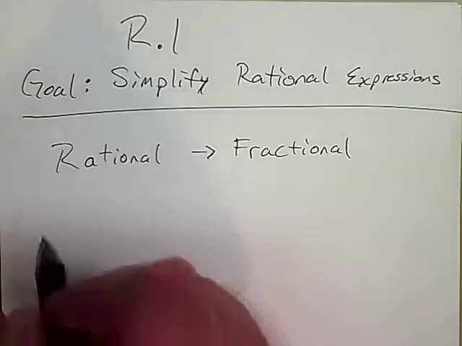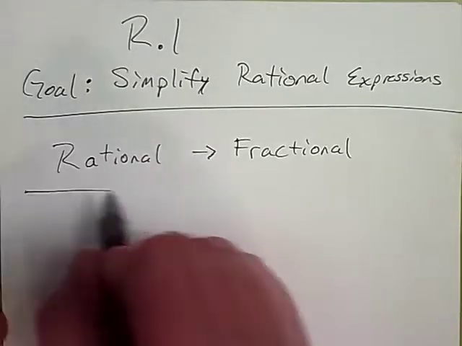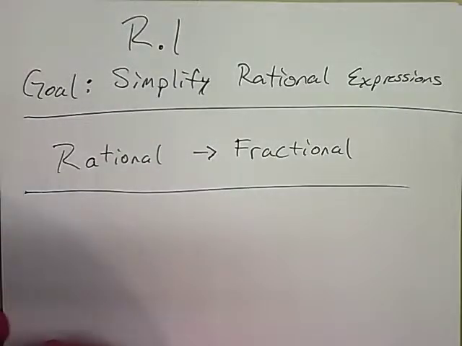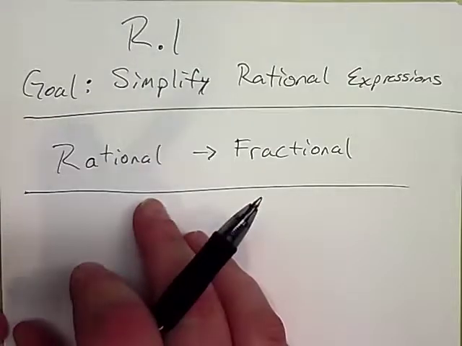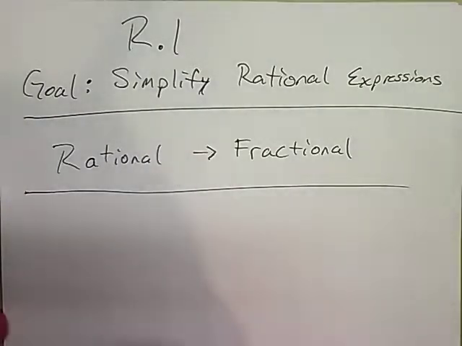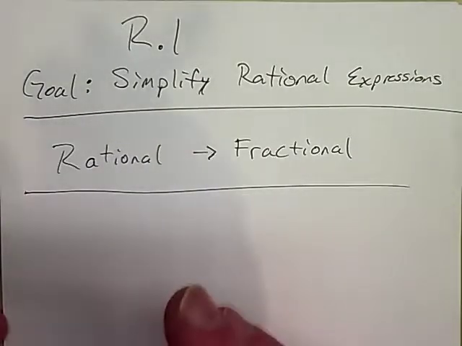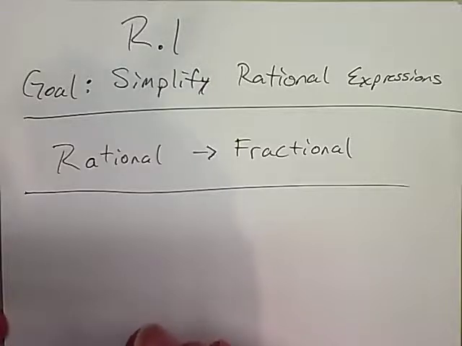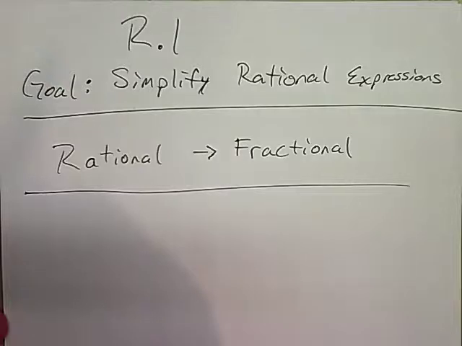All right, so here we are. We're going to be dealing with fractions, where you're going to have variables involved. So there's going to be polynomials in the numerator and the denominator of these rational expressions.